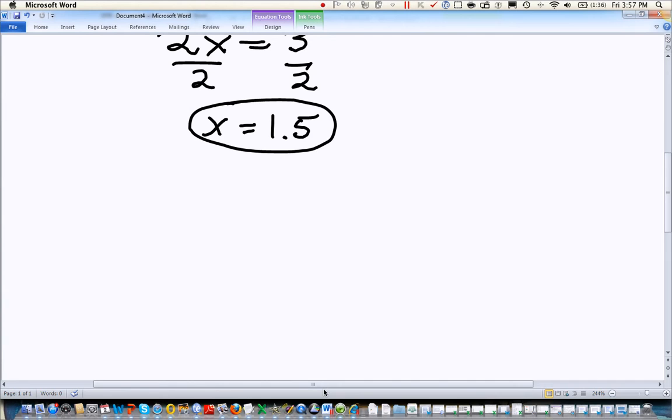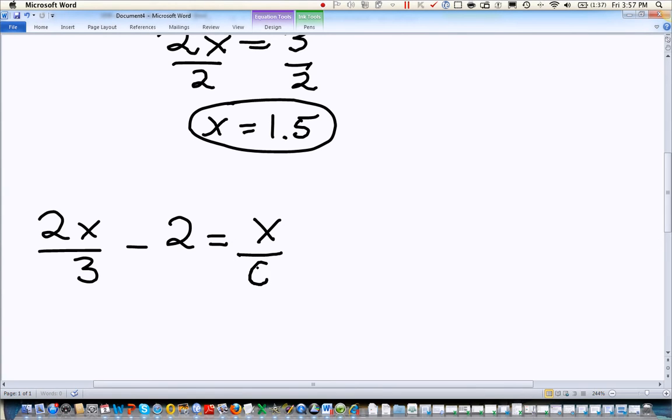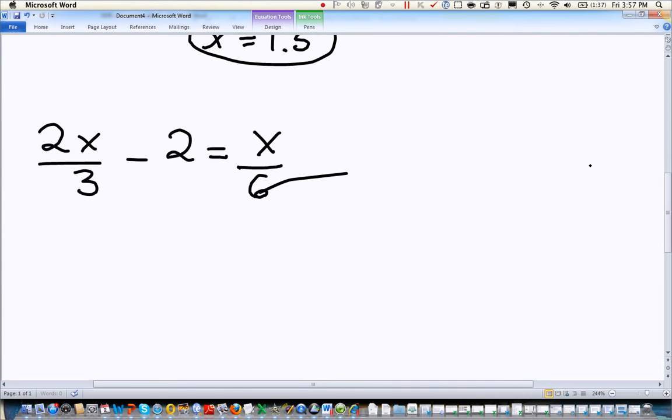Now, one other kind of equation we're going to take a look at is an equation that has fractions. There's actually a couple different ways to approach this, and the method you use is completely up to you.